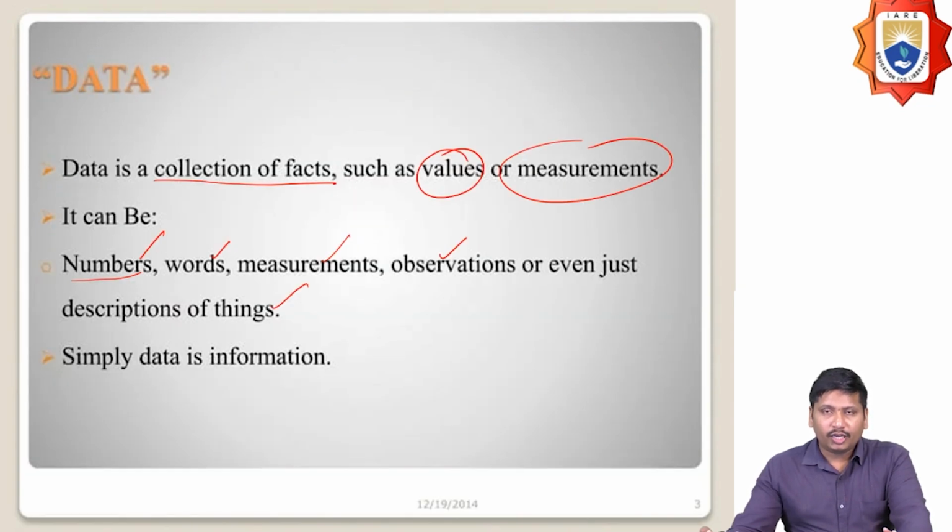So in this video I covered the basic overview of data management and presentation. Data management means the data is collected into formats such as values and measurements, and the data can also be represented in the form of numbers, words, or measurements and observations of different things.